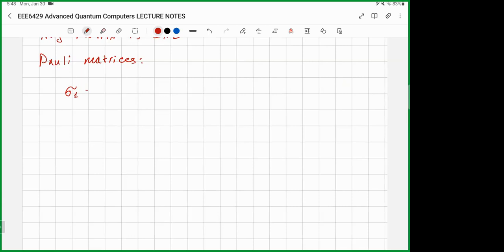You can meet another notation like sigma x, or sometimes we also put just x here. So this is basically the same matrix, and the matrix itself is 0, 1, 1, 0.